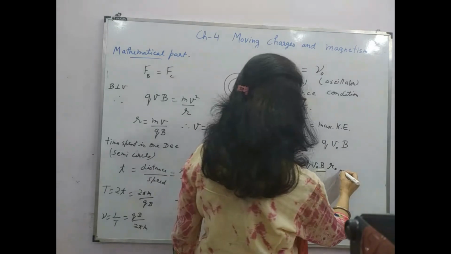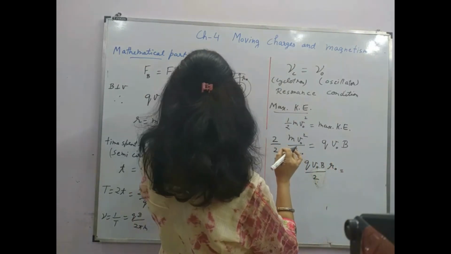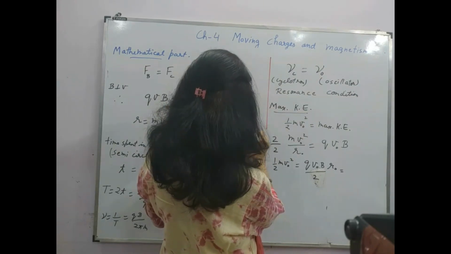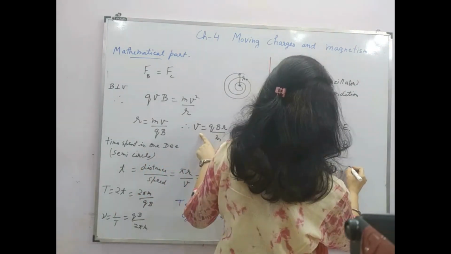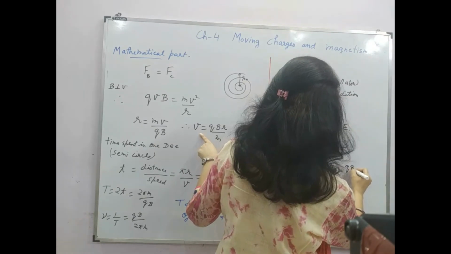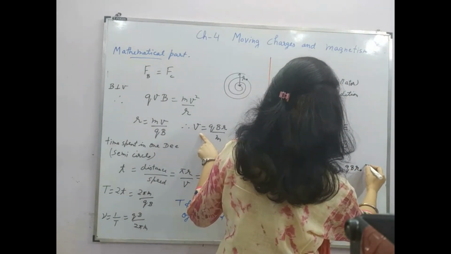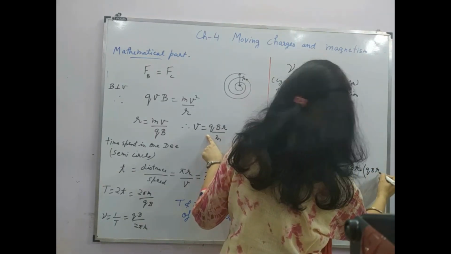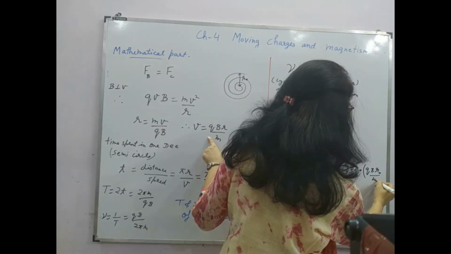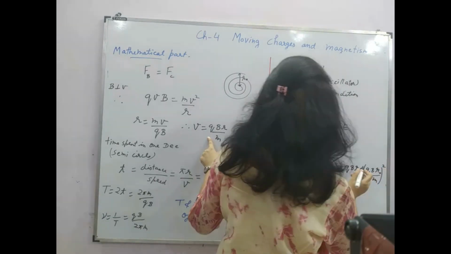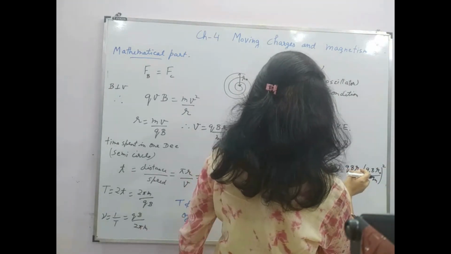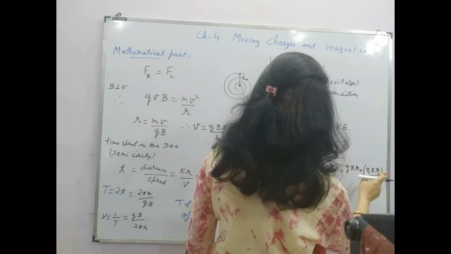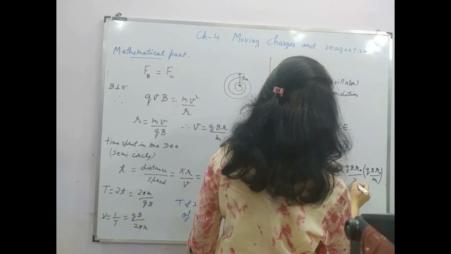So here I can put the value of V. We know that V naught is, let's mark this as equation 1, QB R naught upon M. This is as it is.